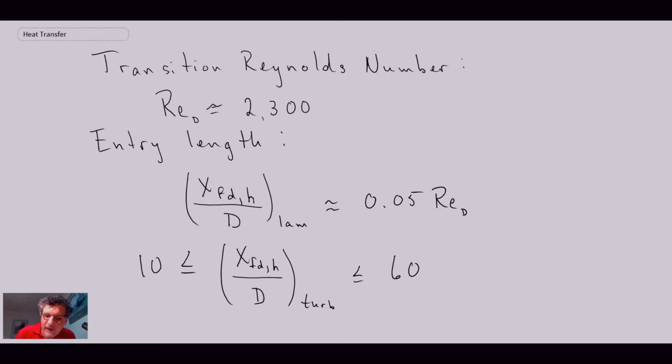That's how long it will take to get to fully developed flow for turbulent flow fields. And so quite often in flow metering applications, we're not talking about that here, but quite often they'll say you need to have 10 pipe diameters upstream or downstream of a flow meter. And so that would kind of be agreeing with this.